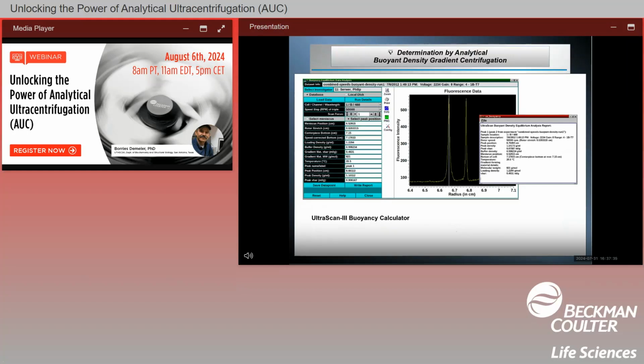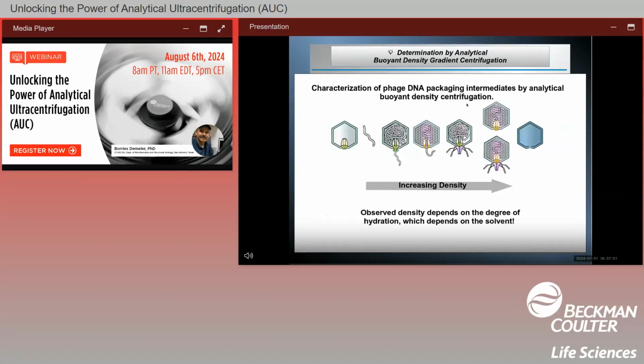In UltraScan, you can then characterize the density and get additional details about the identity of these peaks that are being formed by determining their density using calculations that are performed in UltraScan. And we can then use them to characterize, for example, the loading state of a bacteriophage as shown here.